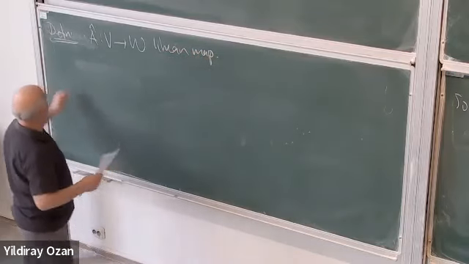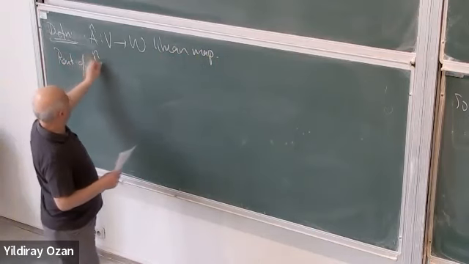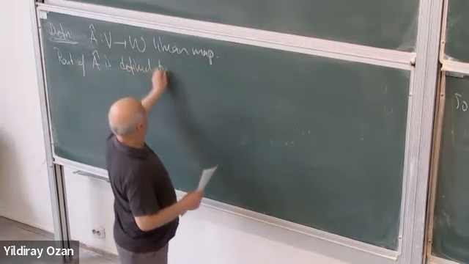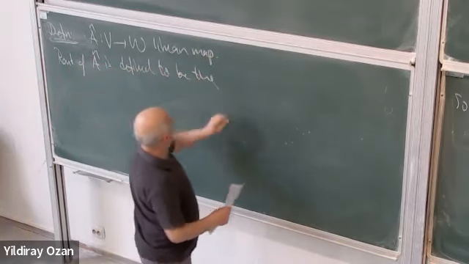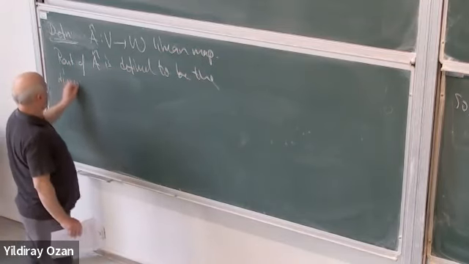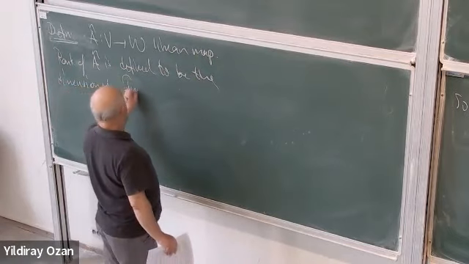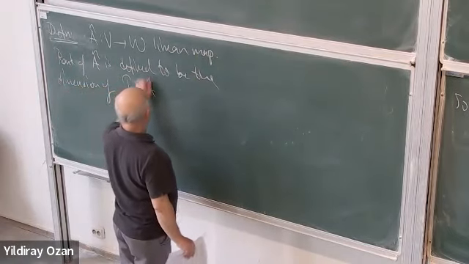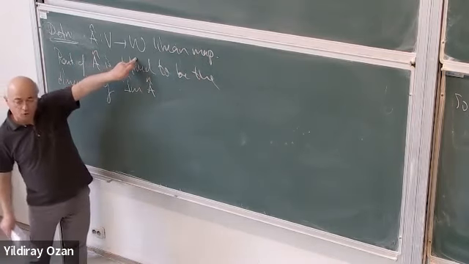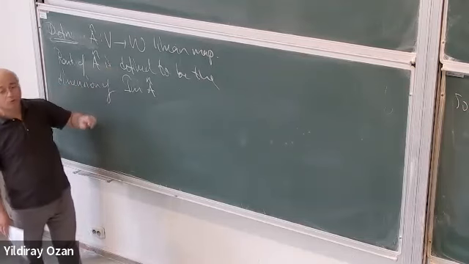What was rank of A? Rank of A hat is defined to be the dimension of image A hat. Image A hat is a subspace of W, and the dimension of this subspace is called the rank of A.